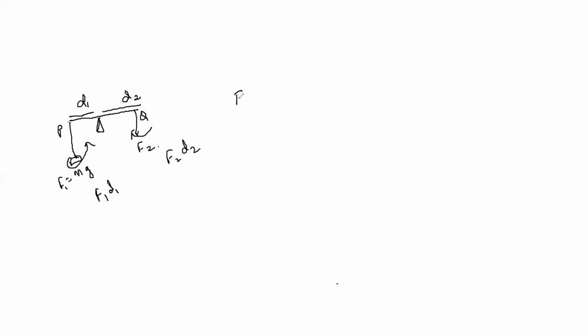Then what is the net moment acting at the center? It is given by F1 D1 minus F2 D2, which is equal to 0. Therefore, we can write F1 D1 is equal to F2 D2. What is the meaning of this? That is, the anti-clockwise moment of force must be equal to the clockwise moment of force.